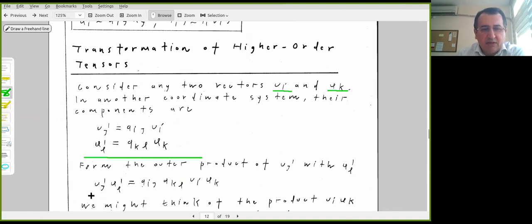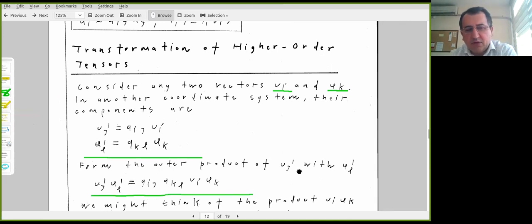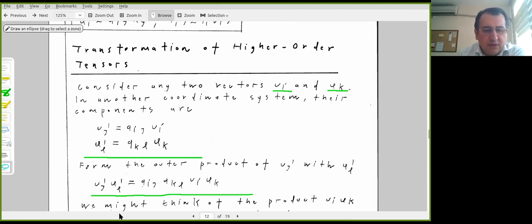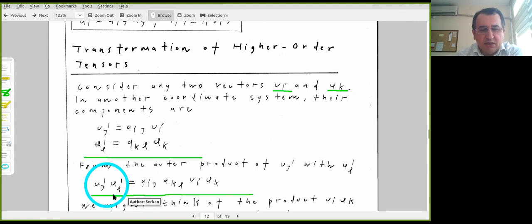And this is nothing but the tensor transformation formula for a second order tensor, because you can think of the left side as a second order tensor. This has two indices, j and l. There are two free indices.